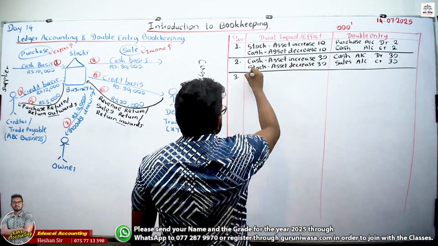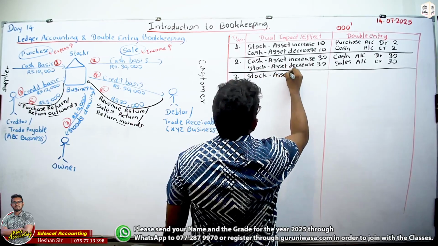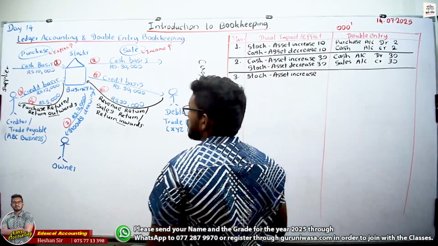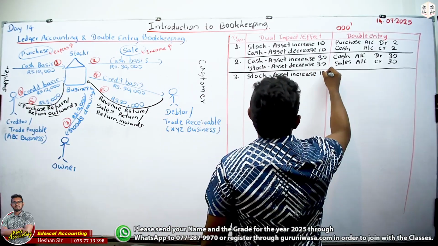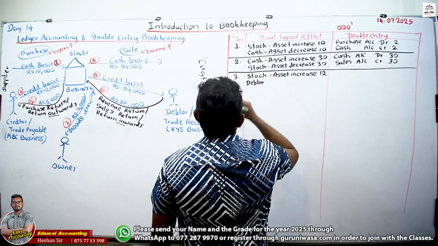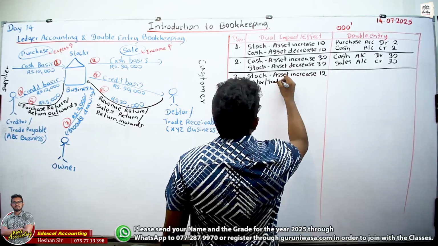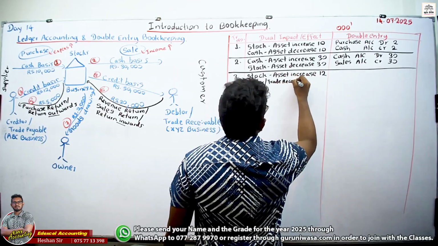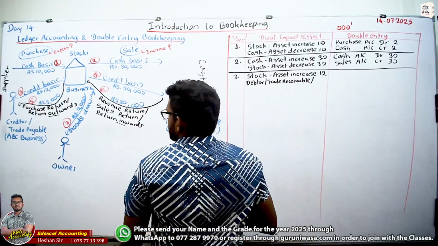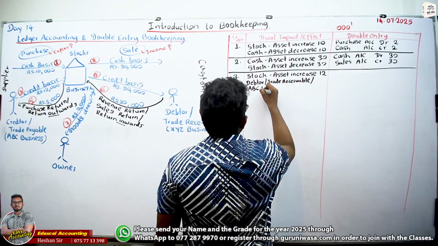Stock asset increase by rupees 12,000. Creditor, or in another word, trade payable, or from the business name, ABC business, is a liability account.